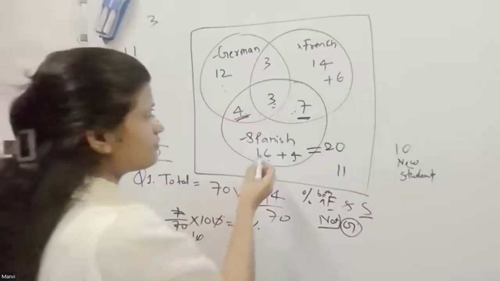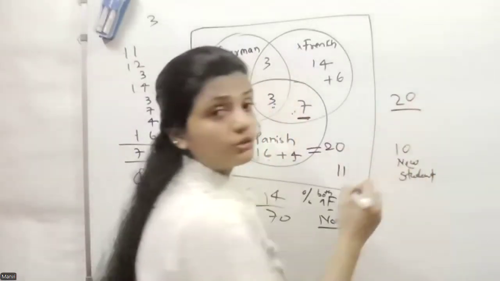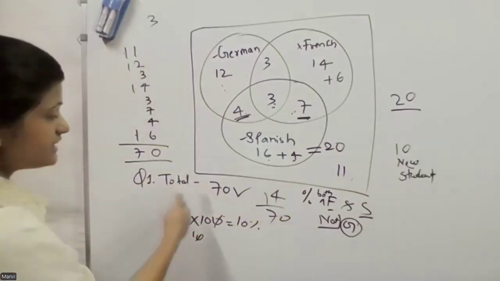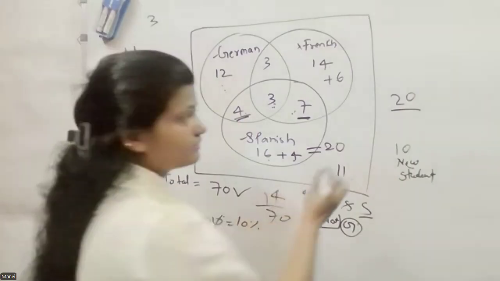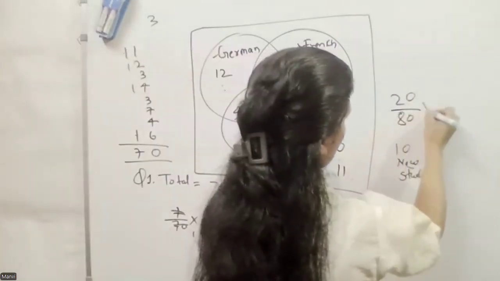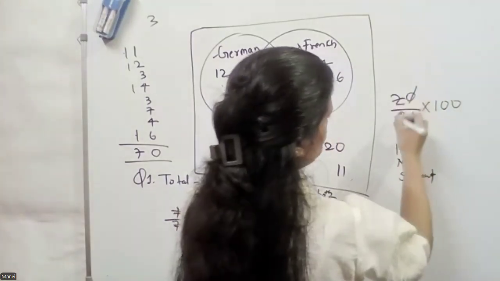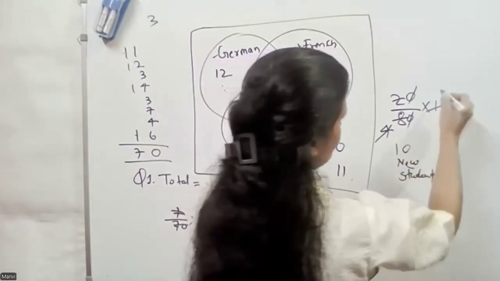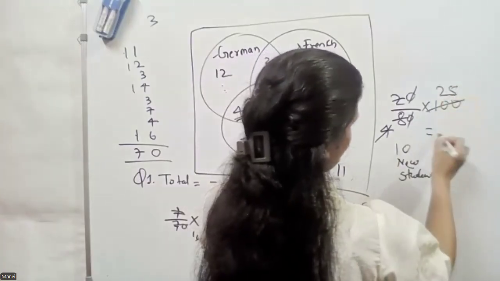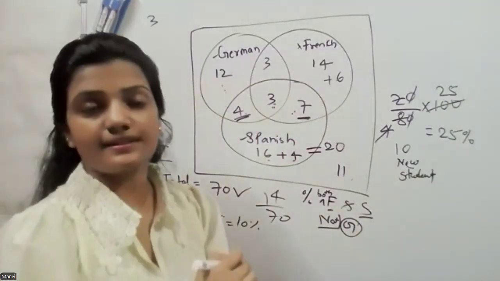So the fraction of only Spanish will be 20 by total, and total will be 70 plus 10 new, which is 80. Then times this with 100. We can cancel this 0 with that 0, 2 with 8 which means 4, and 4 with 100 which is 25. So the answer will be 25%.